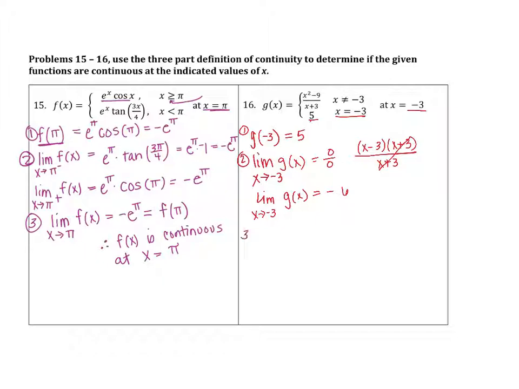So right away we see in our third part that the limit as x approaches negative 3 of g of x is not equal to g at negative 3. So therefore, g of x is not continuous at x equals negative 3.